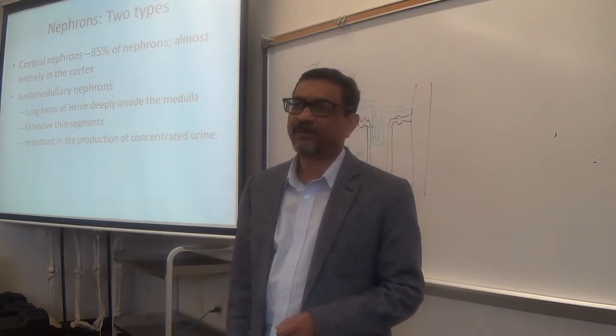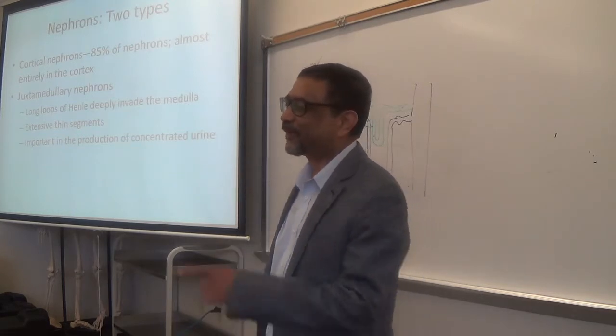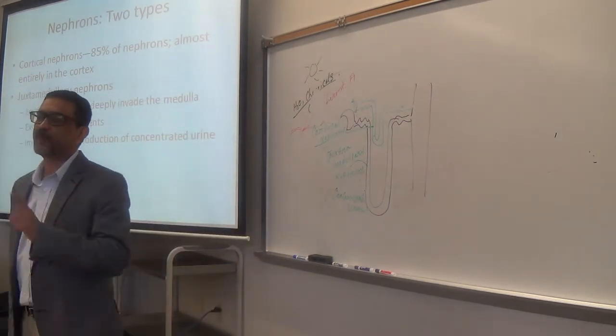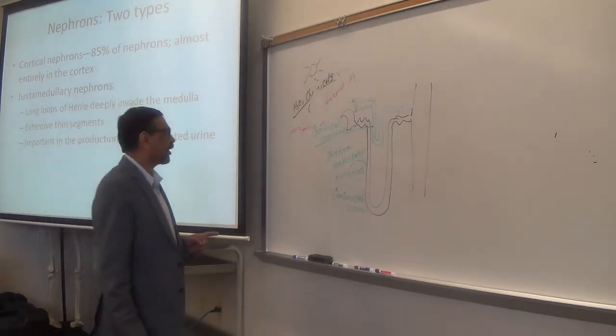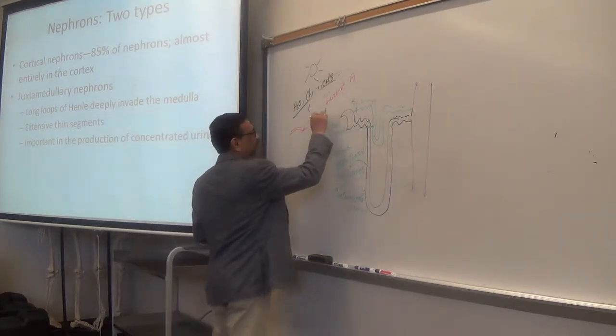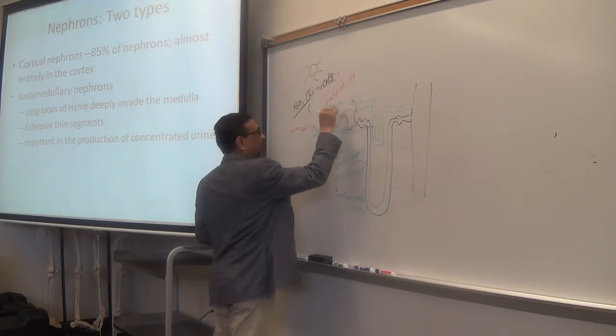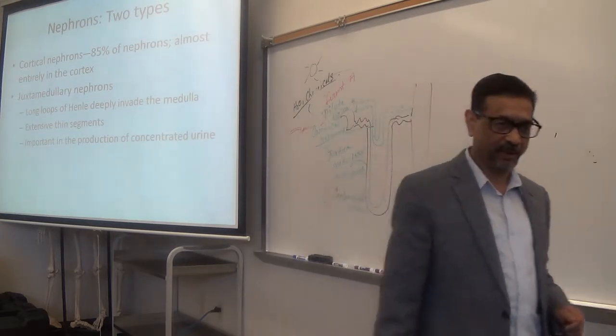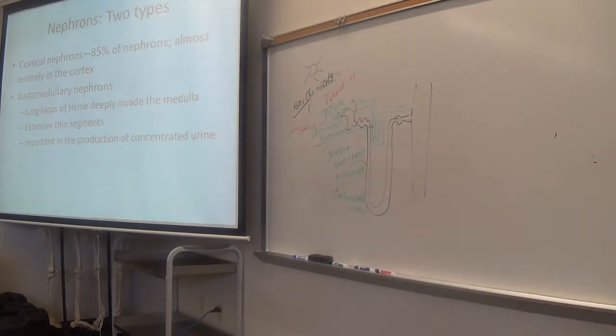So short-looped nephrons or cortical nephrons are responsible for formation of dilute or diluted urine. Is it clear? So which nephrons produce concentrated urine? Juxtamedullary or long looped nephrons.